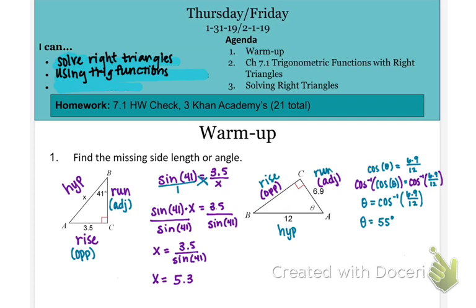So just like a square root would undo a square, or a cube root would undo a cube, inverse cosine undoes a cosine. So we'll take the inverse cosine of both sides, which will cancel out the cosine and leave us with theta. So theta equals the inverse cosine of 6.9 over 12. We can plug this into our calculator and get roughly 55 degrees.